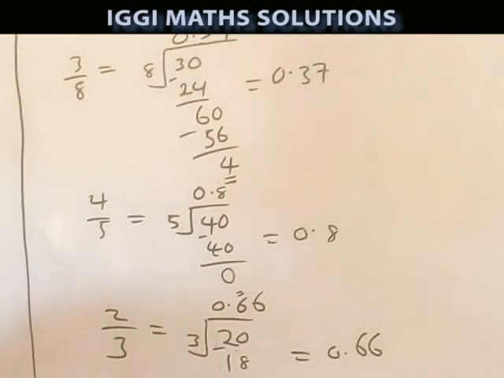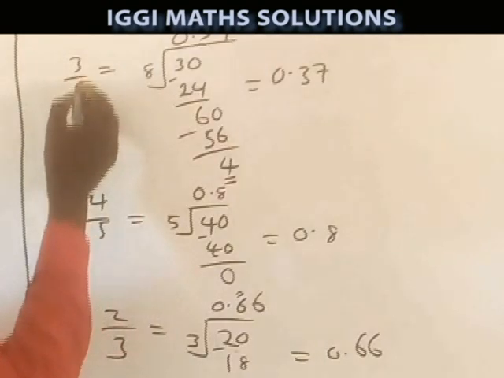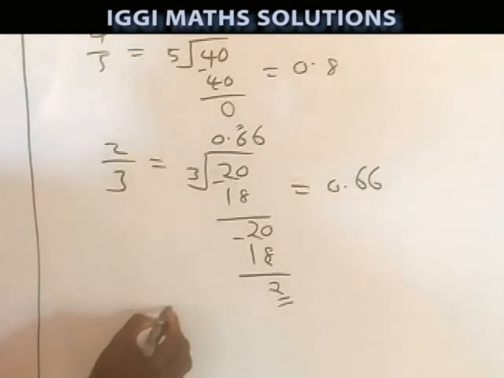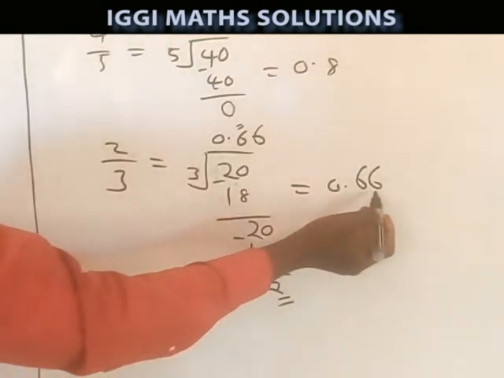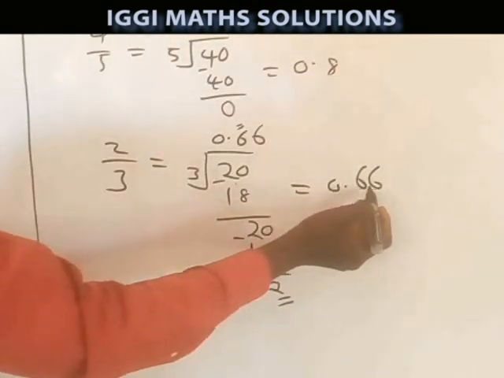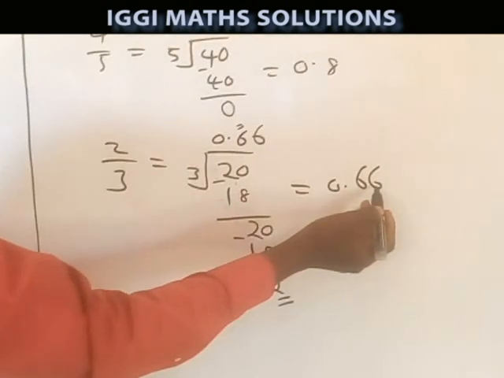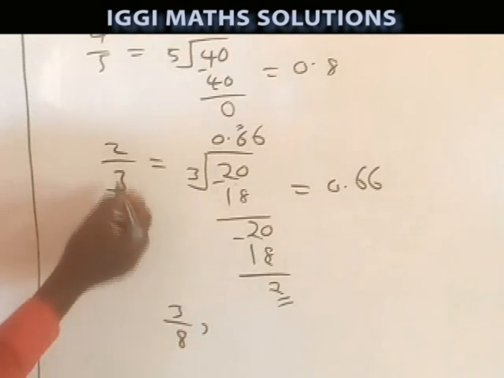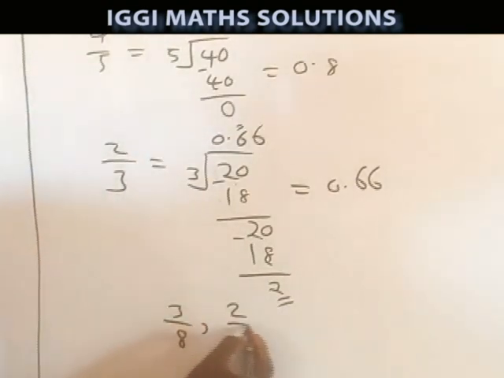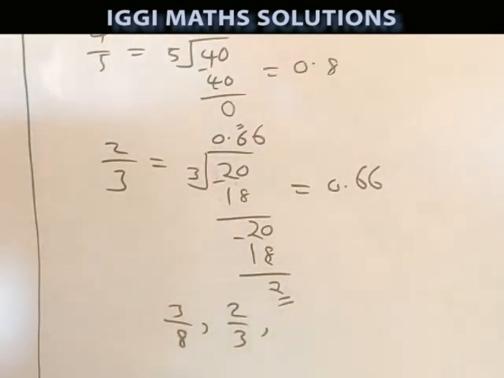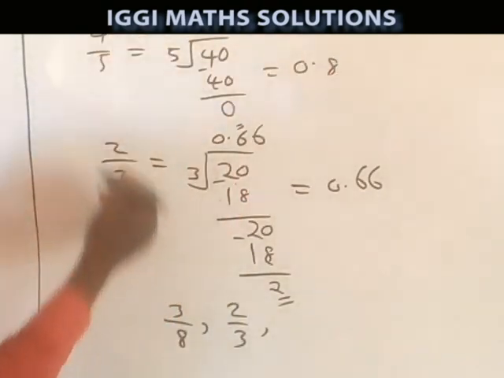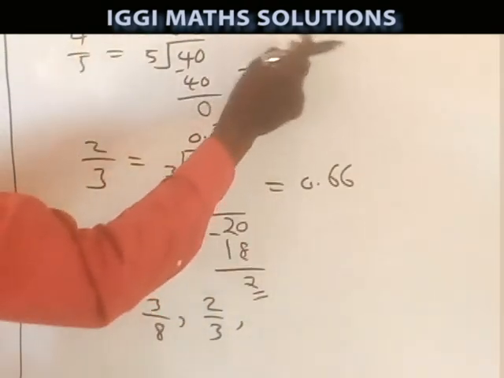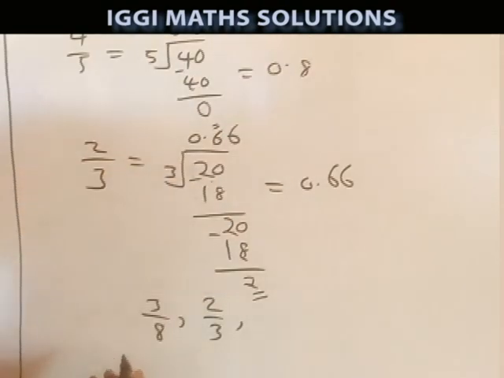So based on these decimal numbers, the smallest fraction is 3 over 8, followed by 0.66, the second smallest, which is 2 over 3, then followed by the largest one, which is 4 over 5, because of the size of the decimal number.